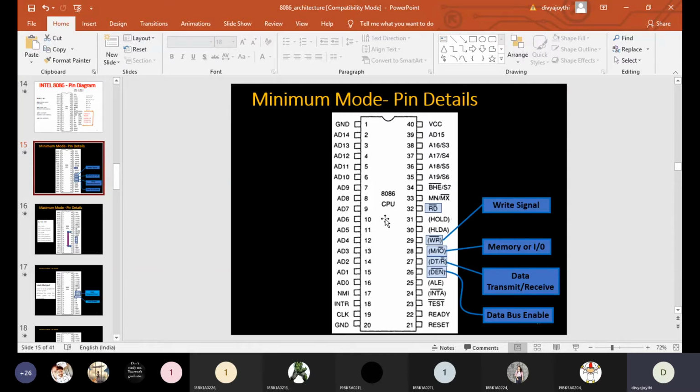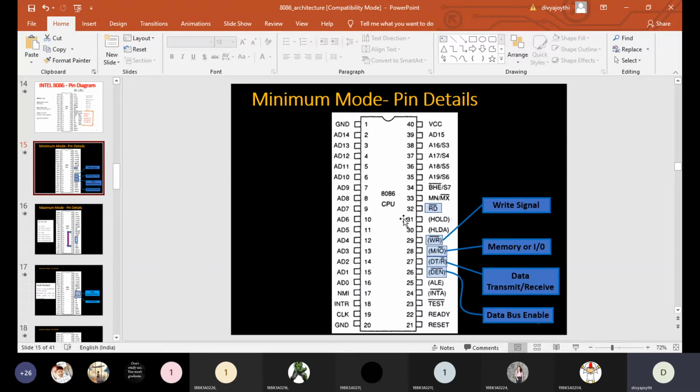Then processor 1, if it is not making use of those bus signals, will say you can take control over my bus signals. In that way, it will acknowledge processor 2 through pin number 30.